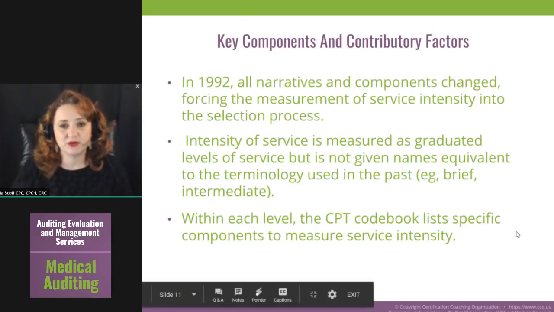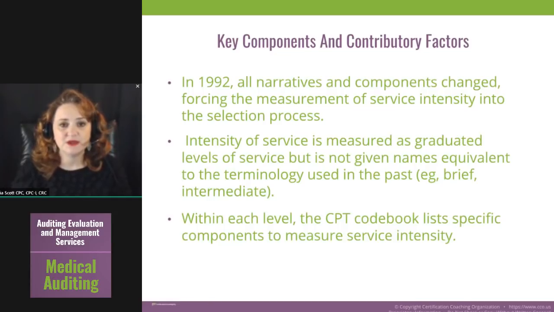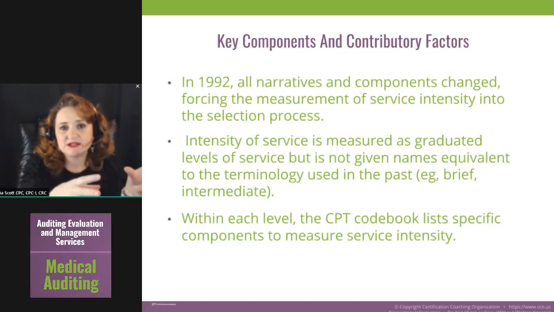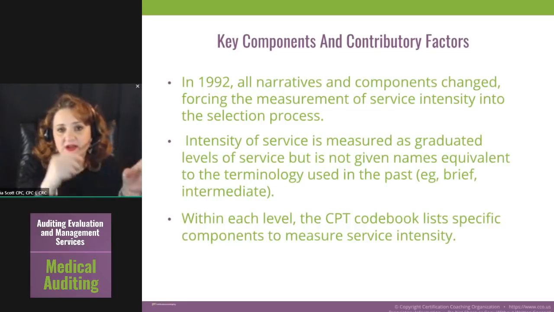The key components that we're dealing with when we start working with E&M is to know how this started, the background. So back in '92, we had all the narrative and components kind of changed, and back then, it was more based on reimbursement on diagnoses.